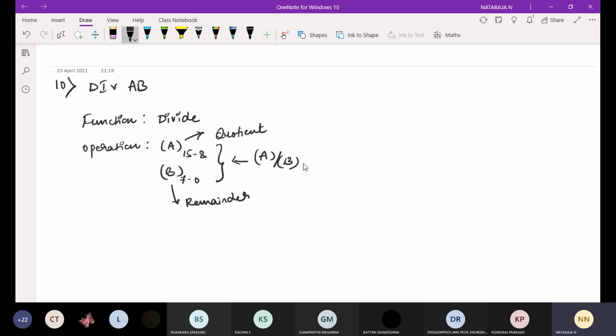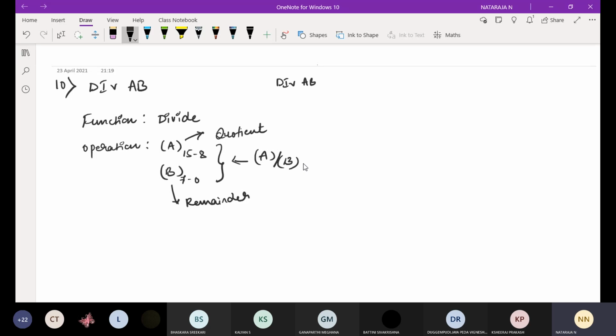Next, take the description. Division of AB divides the unsigned 8-bit integer content of accumulator by the unsigned 8-bit integer content of B register.